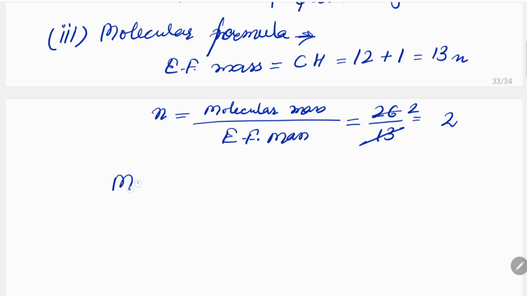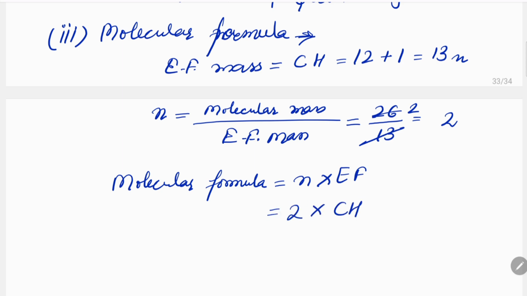So the molecular formula is equal to N multiplied by the empirical formula. N is 2 and the empirical formula is CH. So the molecular formula becomes C2H2, because 2 carbons and 2 hydrogens are there. And this is how you will calculate the molecular formula of a particular compound.